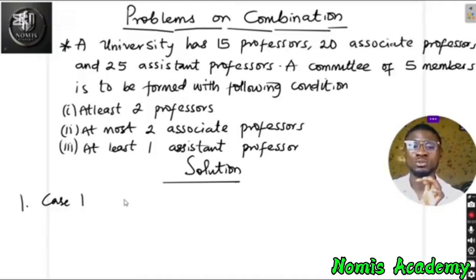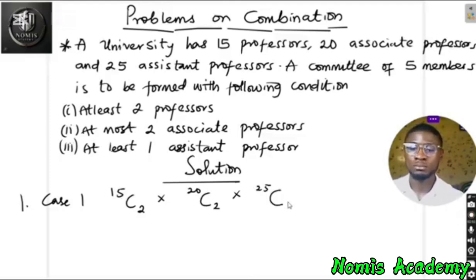Case number 1: we take 2 professors, that is 15 combination 2. Multiplied by the remaining 3 people: out of 20 associate professors we pick 2, because we can at most take 2, that is 20 combination 2, then multiplied by 25 combination 1 from the assistant professors, to make our 5 members.